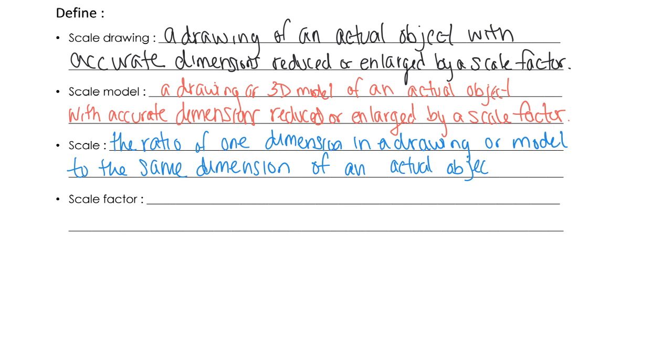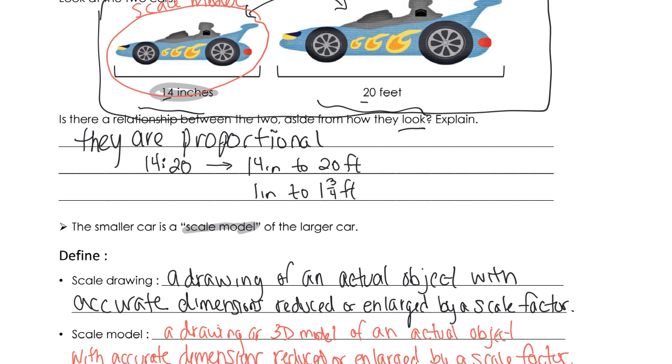And a scale is what we wrote up here. The scale would be the 14 inches to 20 feet. So this is a scale because we're comparing the smaller to the larger, and it tells us what that is.